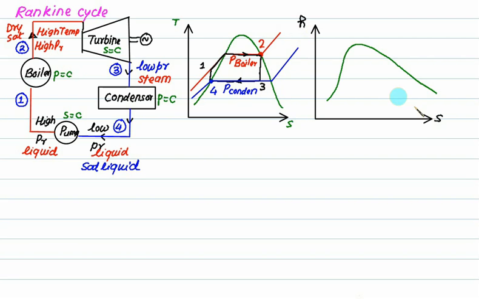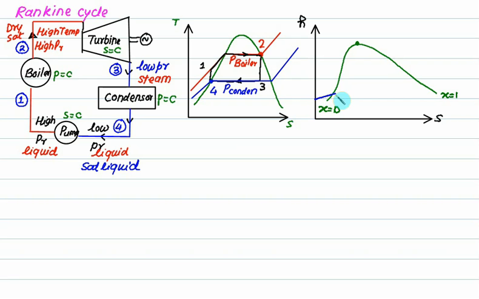In the case of the HS plot, from this point to this one, it is called the dry and saturated line, that is x equals 1, and leftward it is called the saturated liquid line, that is x equals 0. And in this case we can draw two constant pressure lines first.